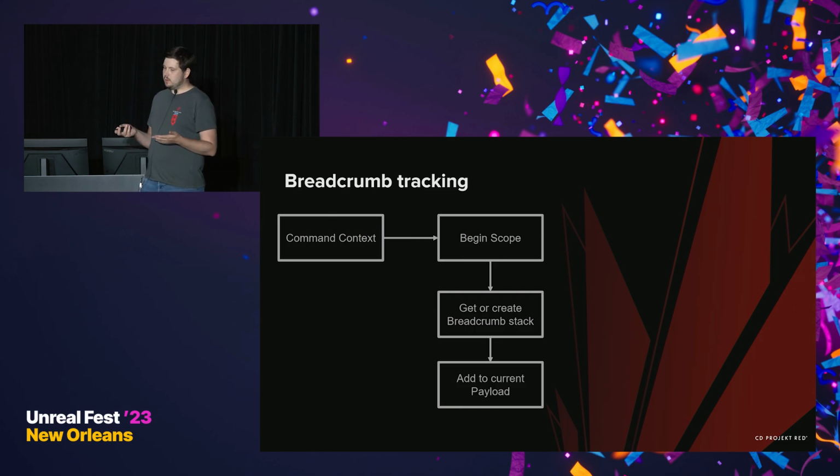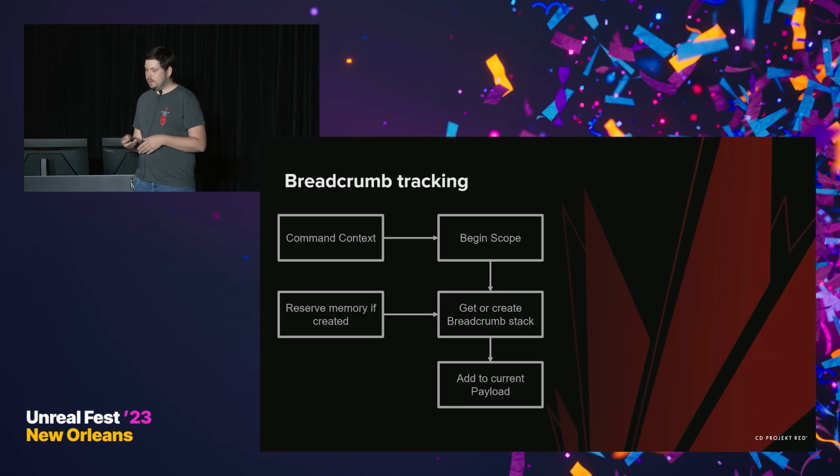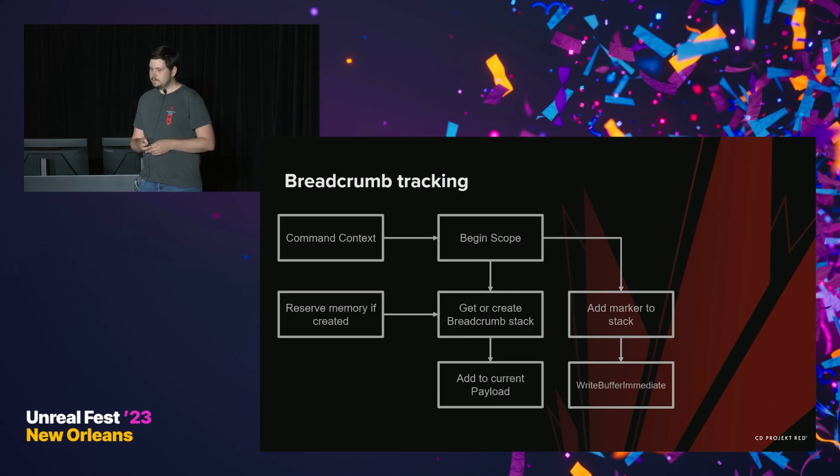It may be that the current hierarchy or payload to the GPU does not yet have a breadcrumb stack. In that case, we go back to the pool and we reserve some memory that we can then use to write markers to. Once we've got the stack, we then add it to the payload. Once we have our breadcrumb stack, we can then add the marker to the stack and schedule the aforementioned RightBufferImmediate call.